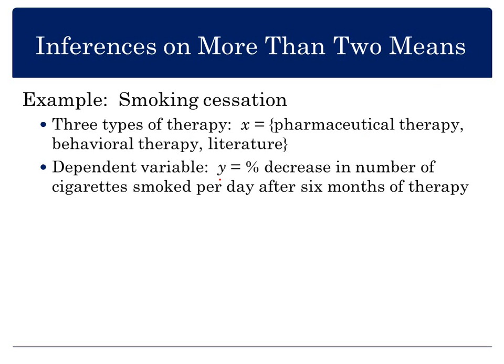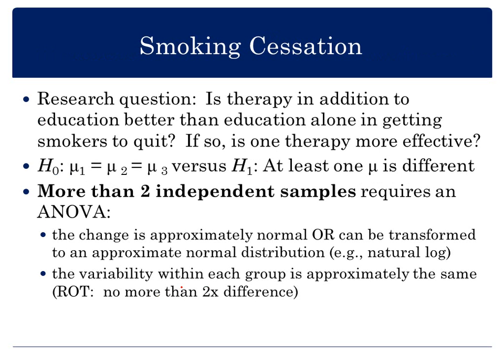I'm going to record a continuous outcome, which is the percentage decrease in number of cigarettes smoked per day after 6 months of therapy. If I see a greater percent decrease, then I know that that therapy is more effective. So the question is, is therapy in addition to education better than education alone in getting smokers to quit? And if so, is one therapy more effective than the others?